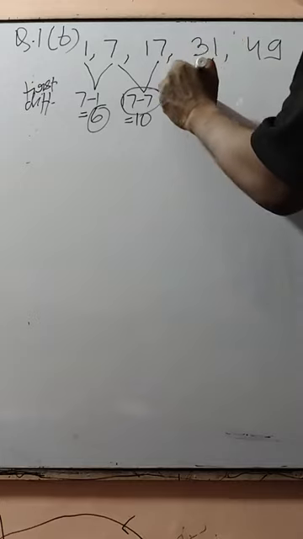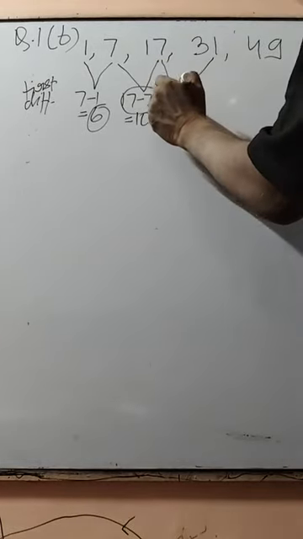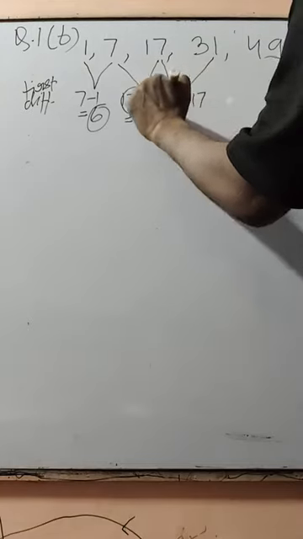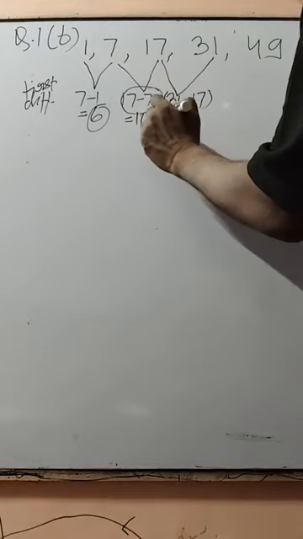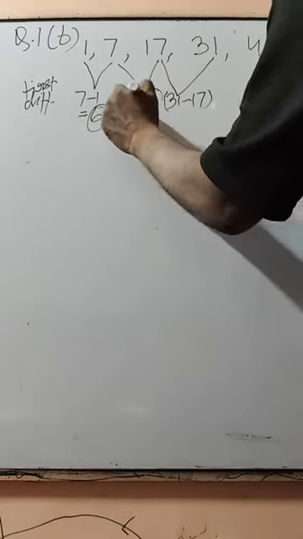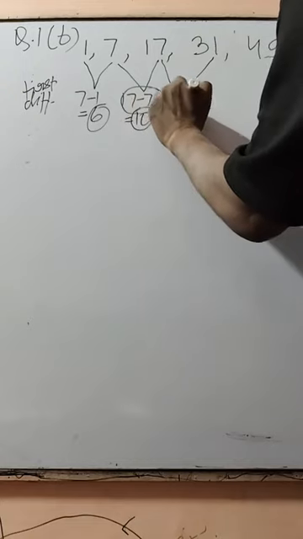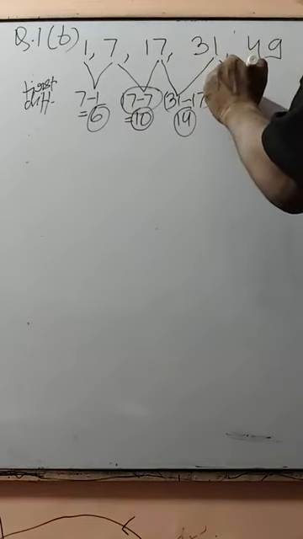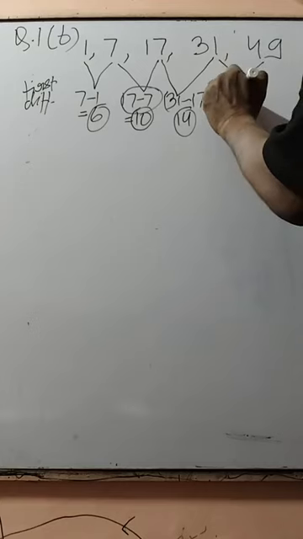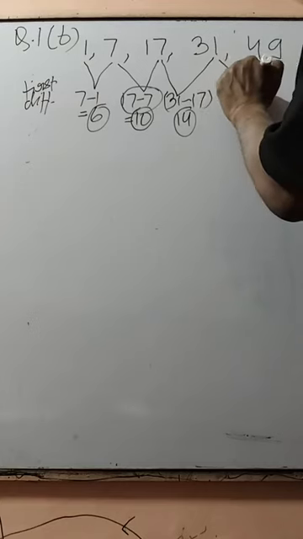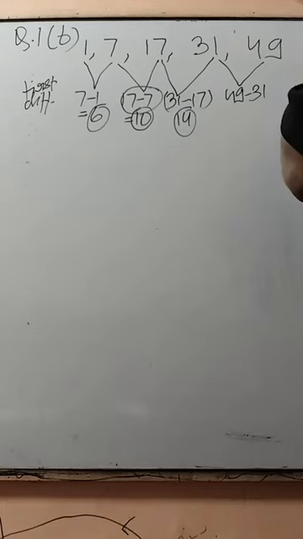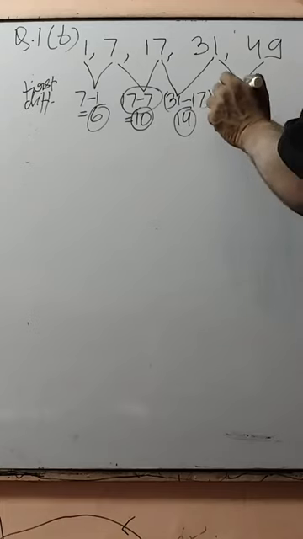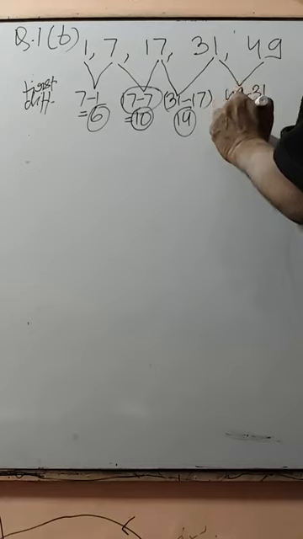Then 31 minus 17, we get 14, and 49 minus 31, we get 18.